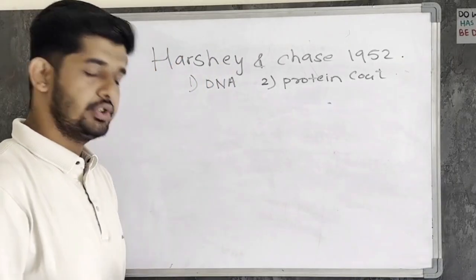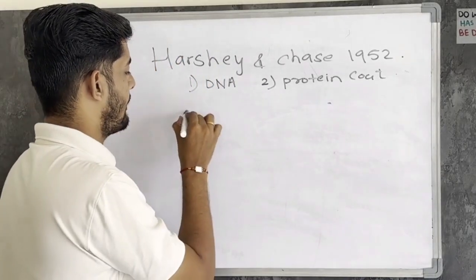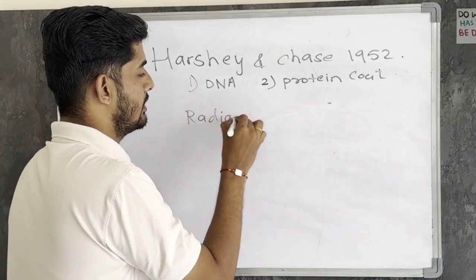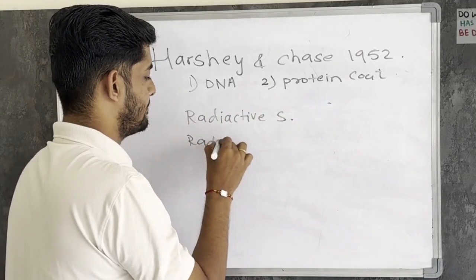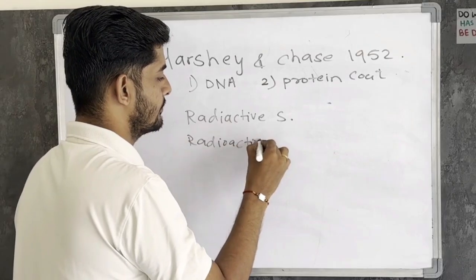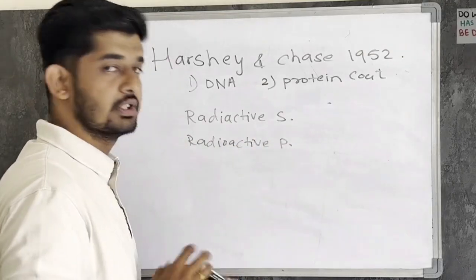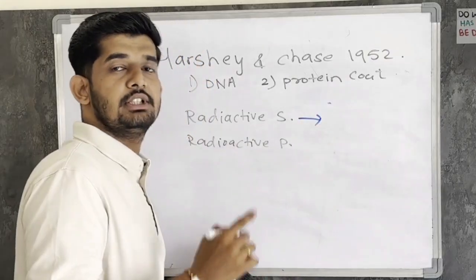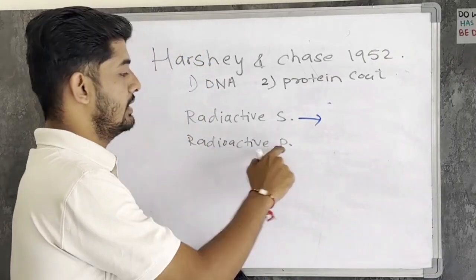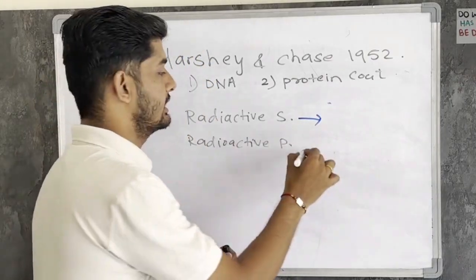Hershey and Chase also used radioactive sulfur and radioactive phosphorus. We know that the protein is composed of sulfur and the phosphorus is a component of the DNA.